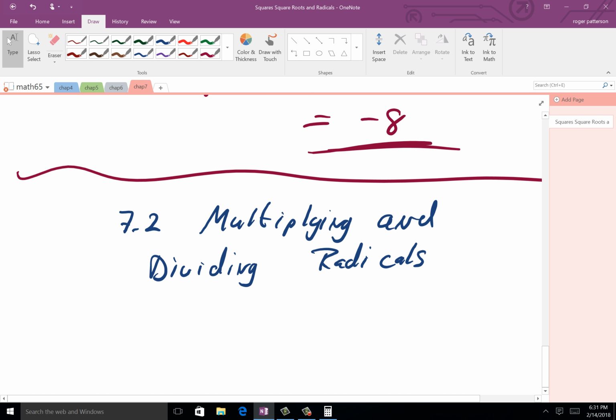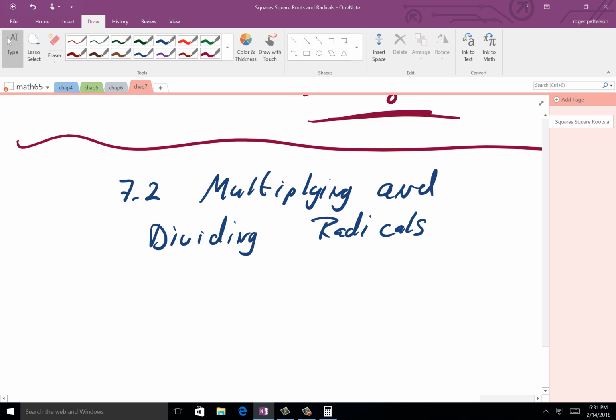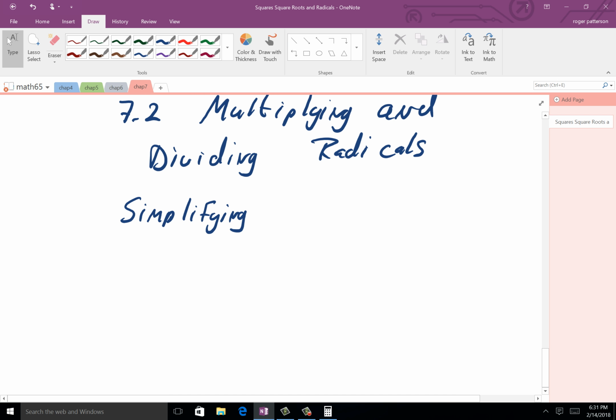But really the most important part of this section is on simplifying them. And that's where that chart's going to come in handy, when we have to simplify them. So radicals and roots are kind of like fractions in a way. I can explain that a little bit more today and then some next week. But first thing we want to do is learn how to simplify them.